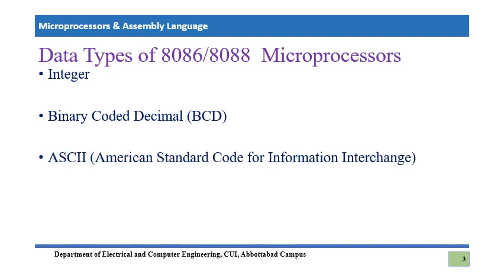And the third and last data type which we are going to deal with in this lecture is ASCII. ASCII is the acronym for American Standard Code for Information Interchange, and we will learn how different information can be stored using these different data types in the memory slots which are attached to 8086 or 8088 microprocessor.